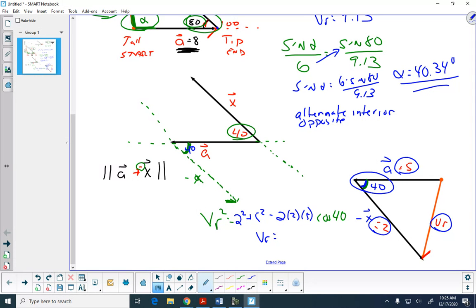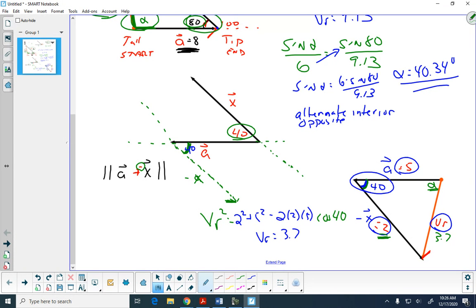Bennett, what do you give for VR? 3.7 inches. 3.7. Then we want to calculate the angle formed between VR and A. Now I take a look, this alpha is across from the smallest side.